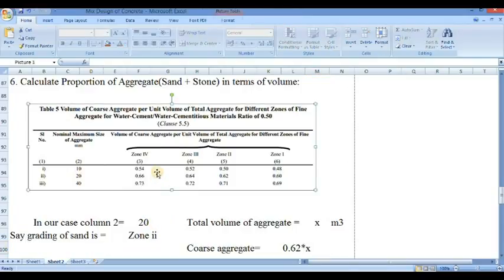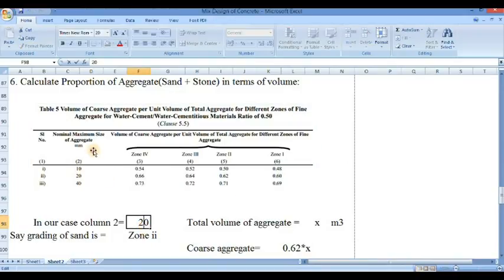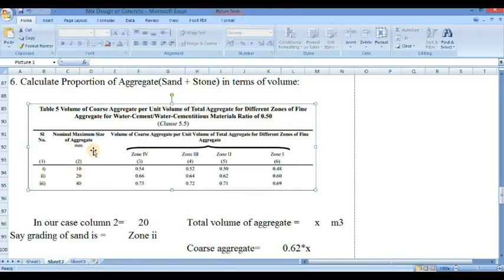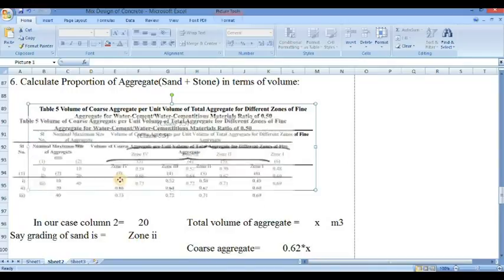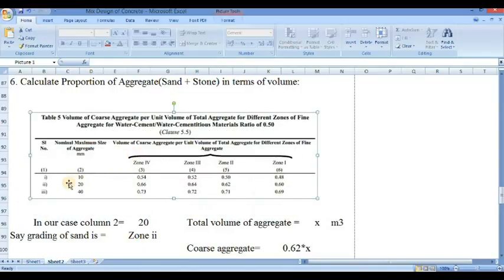The code says, again, based on your maximum size of aggregate, which in our case was 20 mm, and based on the grade of sand. What was our grade? It was zone 2. So zone 2 and 20 mm maximum size of aggregate.